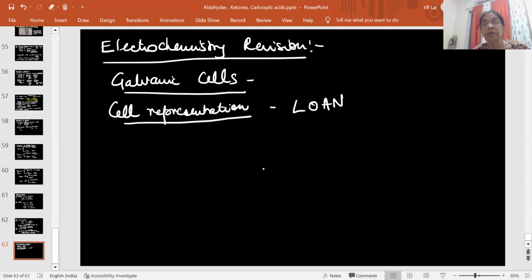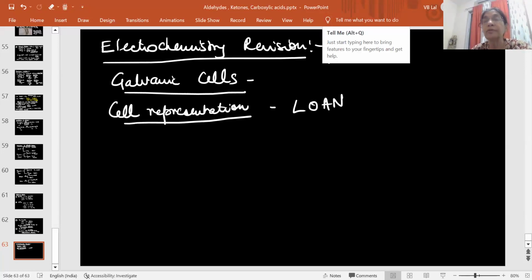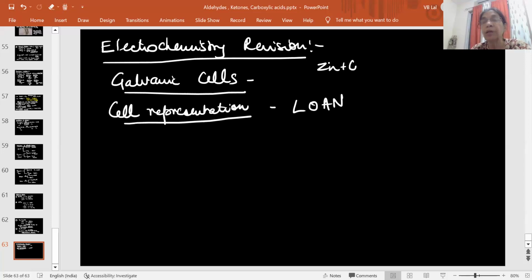So if the reaction is between zinc and copper, you have to write the reaction at anode and then the reaction at cathode. Supposing the reaction is Zn plus CuSO4 giving ZnSO4 plus Cu. You have to write the cell representation of this reaction.